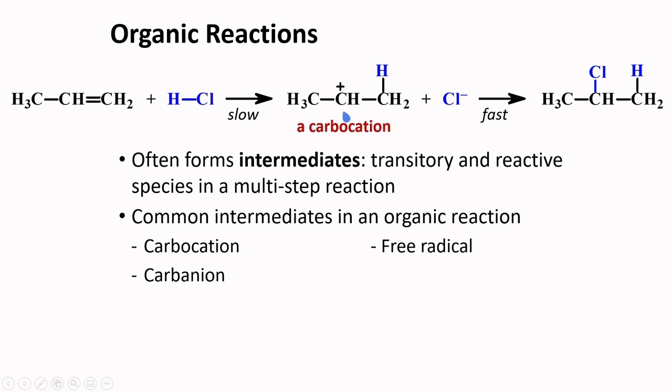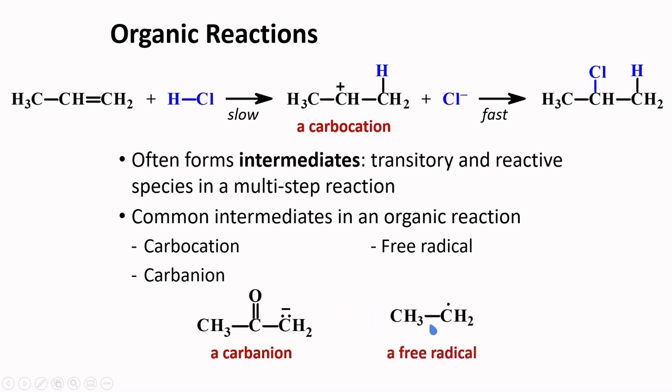There is a positive charge on carbon. An example of a carbanion is this one. The carbon has a lone pair of electrons, which gives it a negative charge. A free radical has an atom which has an unpaired electron, not necessarily carbon.